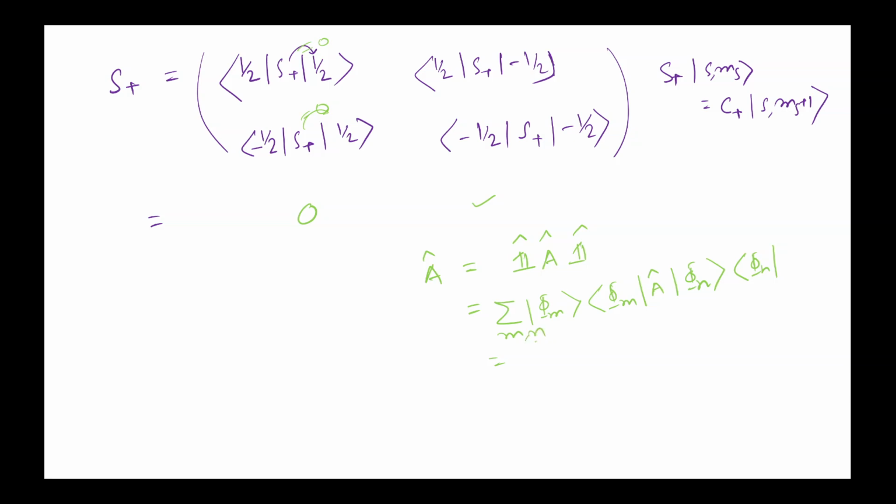So now you have the mn matrix element, the phi m, A, phi n.